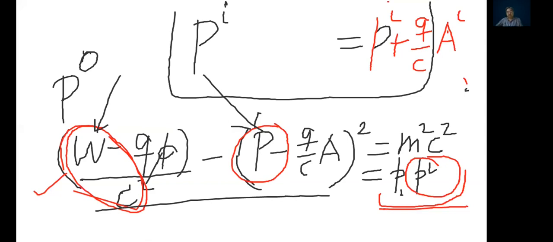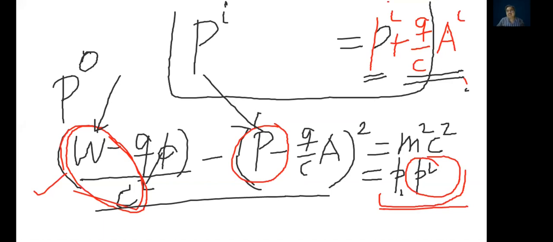The total 4 momentum of the field and particles is coming from the particles, that is Pi, and also coming from the fields, that is Q by C A_i. Using this, we also knew that although Hamiltonian can be written in manifestly covariant form, it does not mean that Hamiltonian itself or the total energy of the system itself is a scalar quantity.